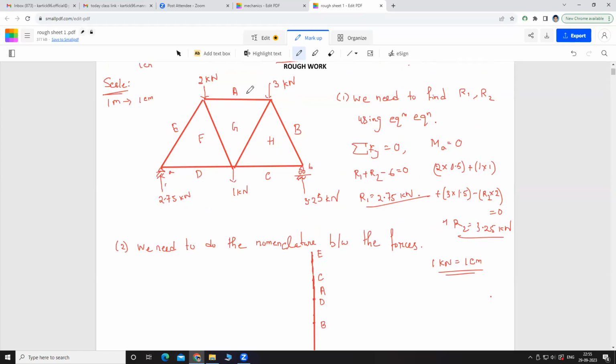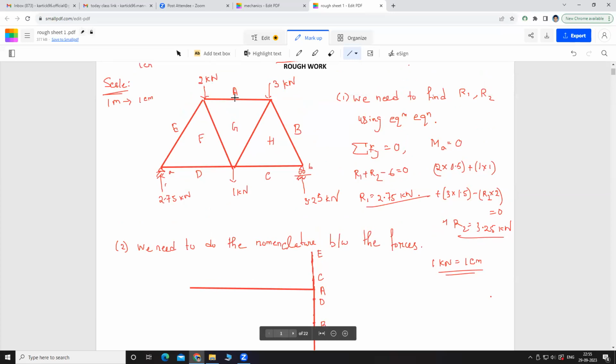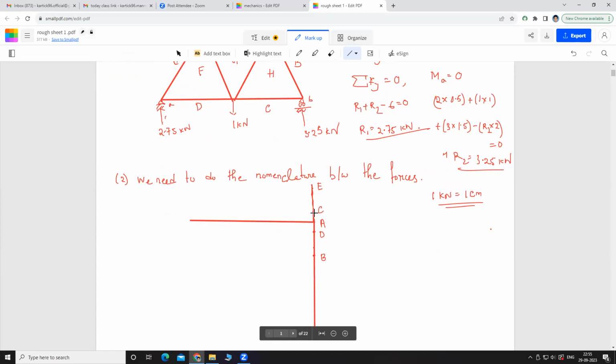So we will draw the horizontal lines first of all from those points. So from A, we have one horizontal line. Why horizontal? Because look at the A position, it is a horizontal line, that's why. Similarly, C and D. So from C, again draw a horizontal line.